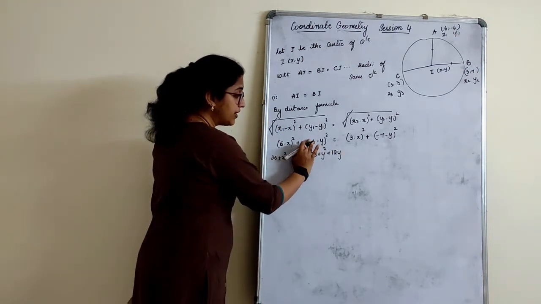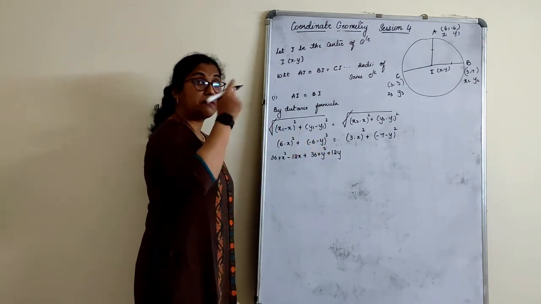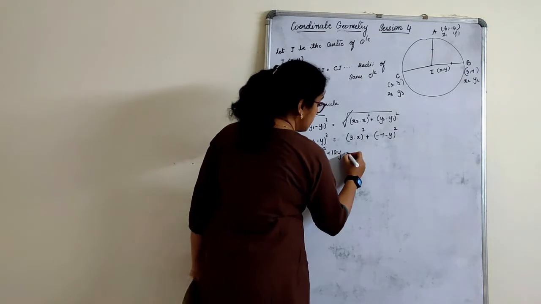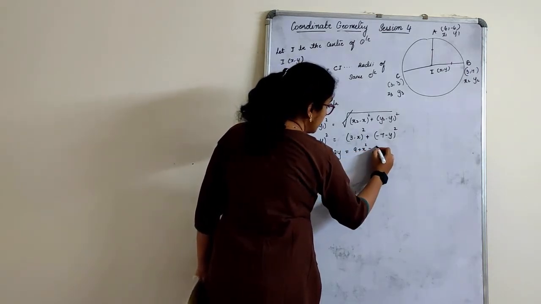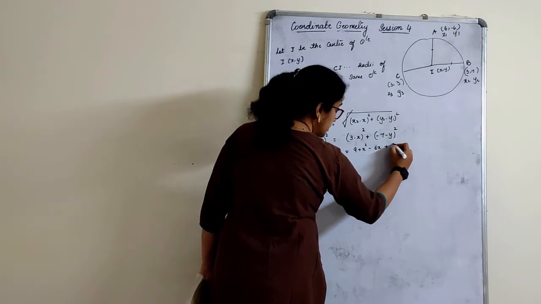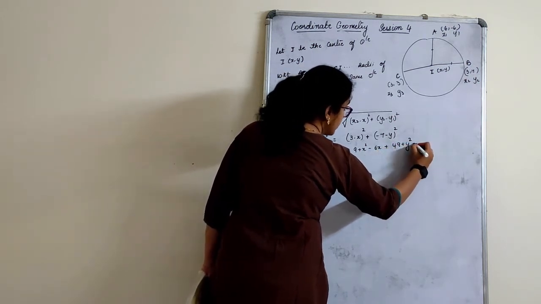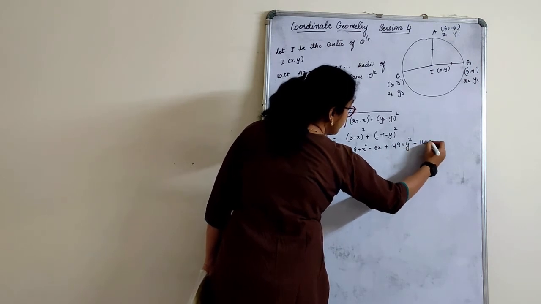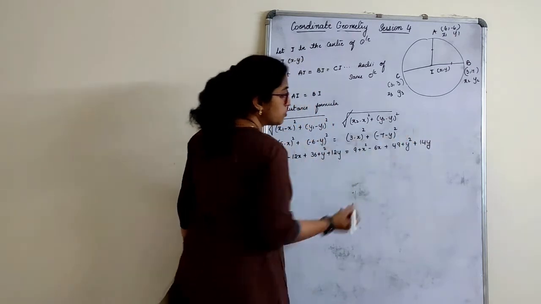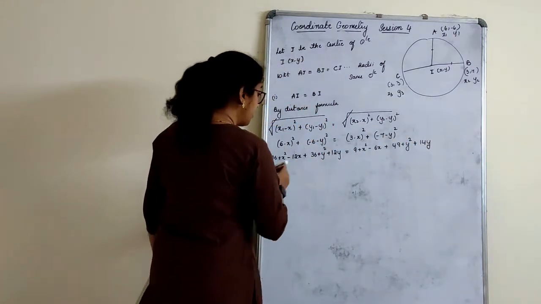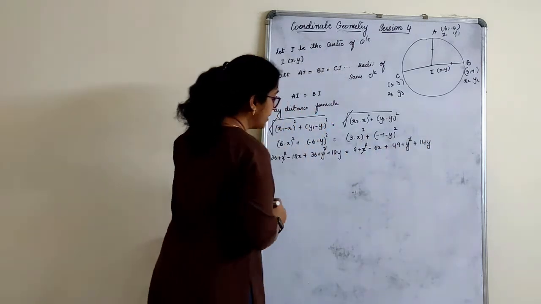Since it is minus, minus into minus is plus. It will be equal to 9 plus x square minus 6x plus 7 square 49 plus y square, 7 2s are 14y, 2ab, right? 7 is minus, so this will become plus. Now we can cancel the x square and y square terms here.